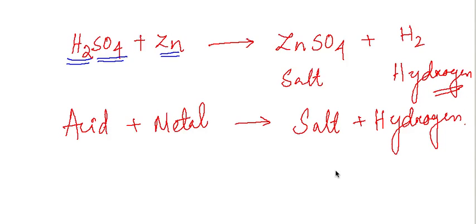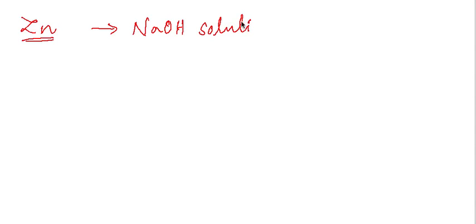Now let's see how the metals will react with a base. Now we'll take an example in which again we'll take zinc granules and then we will add it to the test tube which contains sodium hydroxide solution. Now this sodium hydroxide solution is a basic solution and then we will heat it.